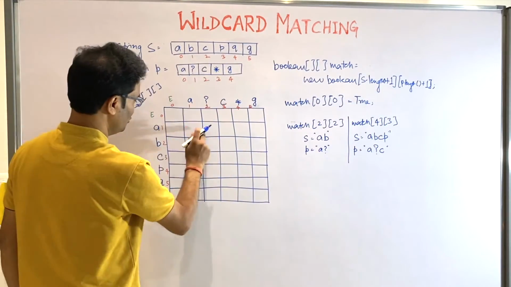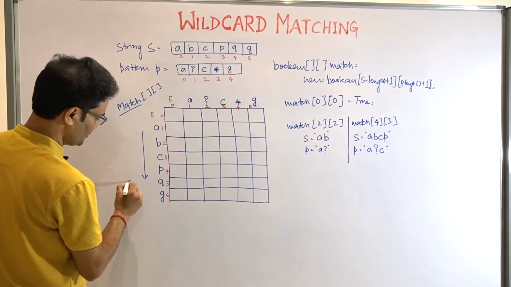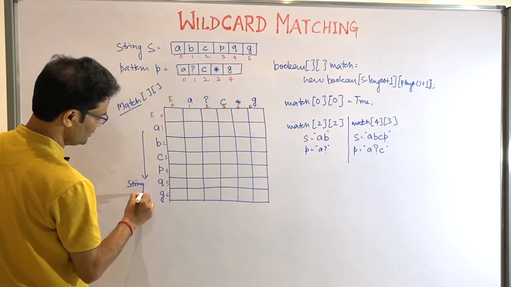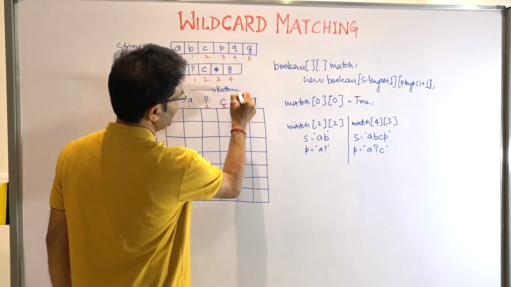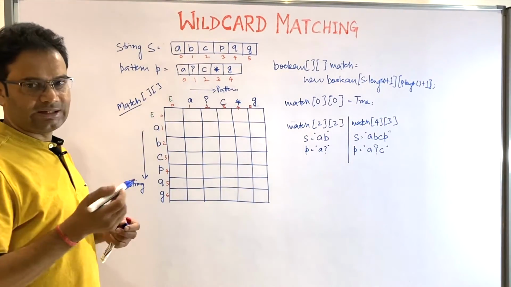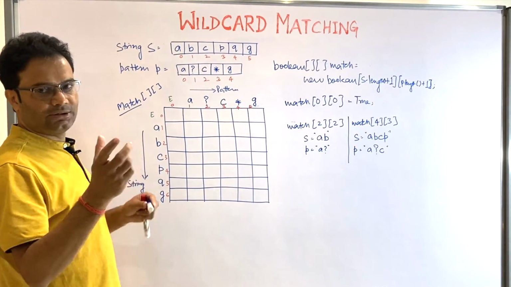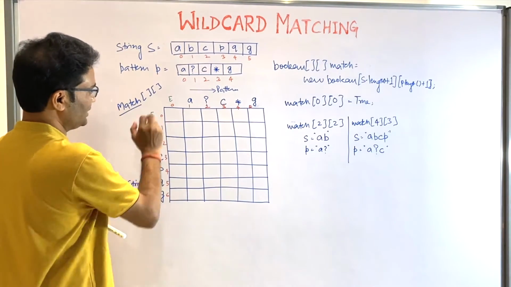So row-wise is the string, and column-wise is the pattern. One extra I have taken because, as I discussed, I need to go to the previous one to fetch the value, right? That's why I have taken the extra one here.